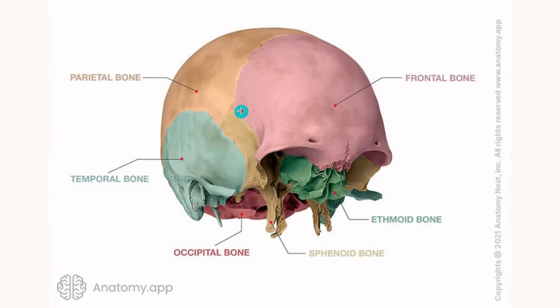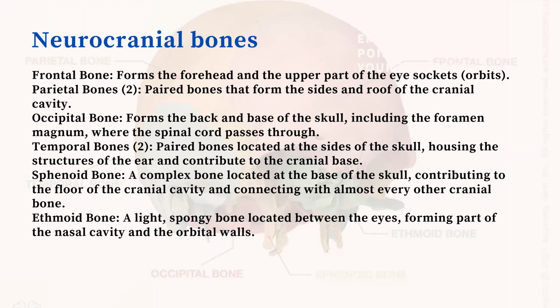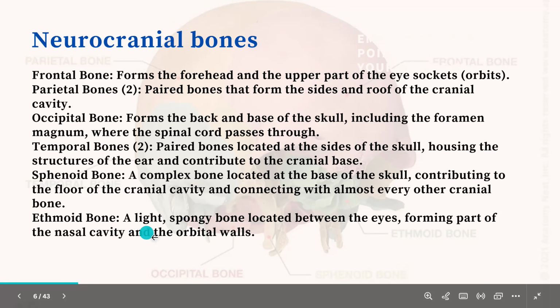Here it is connected anteriorly to the frontal bone, from the upper portion to the parietal bone, from the posterior portion to the temporal bone, from the inside to the ethmoid, and posteriorly to the occipital bone. So it is related to all the bones of the neurocranium.